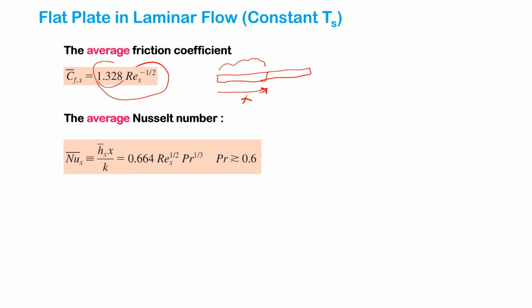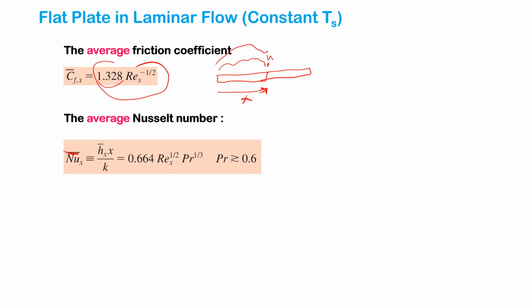That's going to give us the average friction coefficient across this length x. And we can also calculate the average Nusselt number. Again, h bar or Nusselt number bar indicates this average. It's not at this point, it is for a whole system.